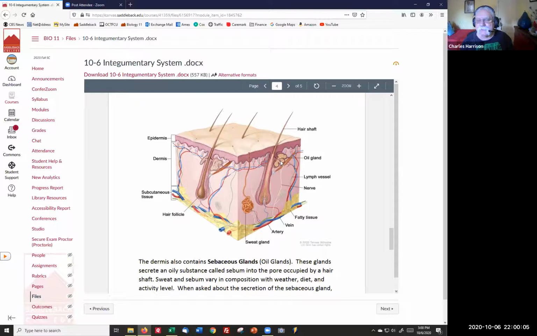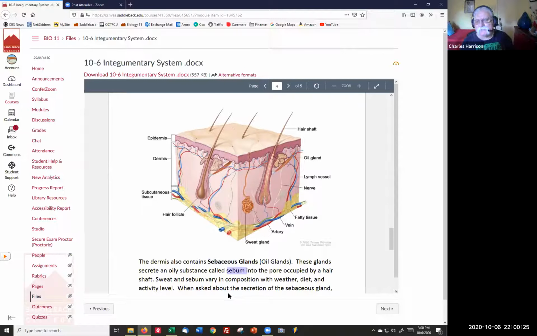An oil gland is called a sebaceous gland. They secrete, obviously, an oily substance called sebum. It's not called oil technically, okay? In our examination, it will be called sebum.